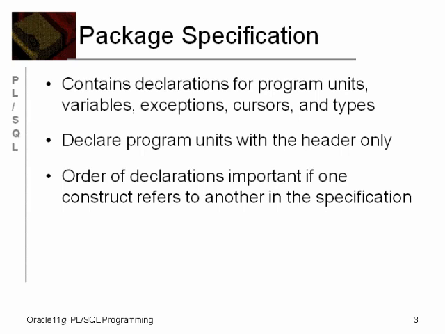Order of declarations is important inside of your package specification, especially if one of your program units refers to something else in the specification. You've got to make sure that anything that's referred to inside of one program unit has already been declared in the package before you get to that.